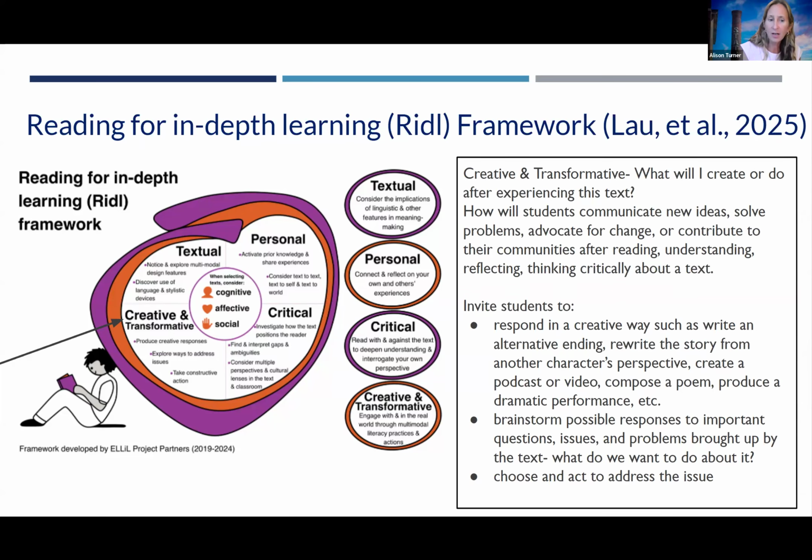And then together in community, they could brainstorm possible responses to the important questions that are brought up, the issues, the problems, and kind of decide what do we want to do about it. And perhaps choose something and act to address the issue. And this acting doesn't have to be something that's this huge thing like running for president, but really a small response to what they're experiencing, right?